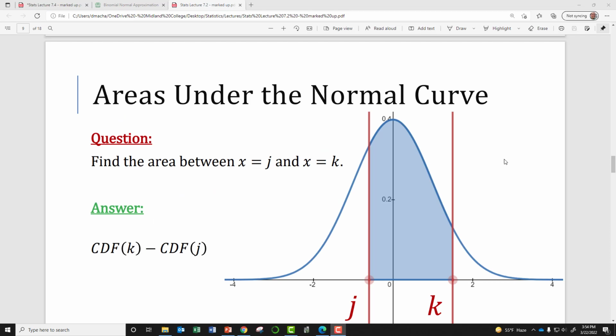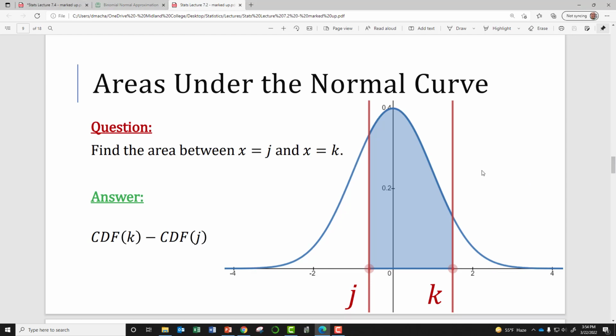And I'm going to reference our notes from a previous section. This is my section 7.2 lecture notes that you maybe watched just a couple days ago. And hopefully this is jogging your memory that if I want to find an area under the normal curve between 2 points, I just have to take the CDF, the normal distribution cumulative distribution function, at each of the bounds, upper bound and lower bound, and then subtract the two to find the difference.